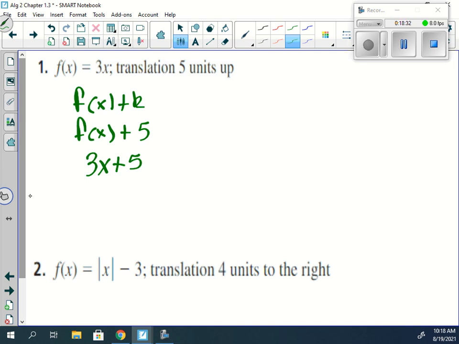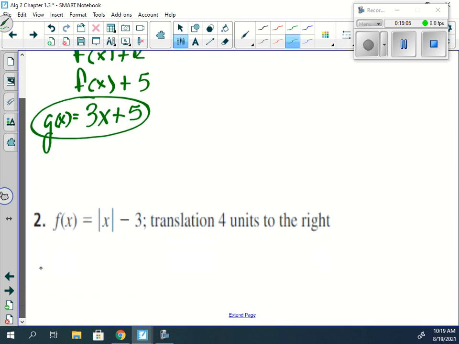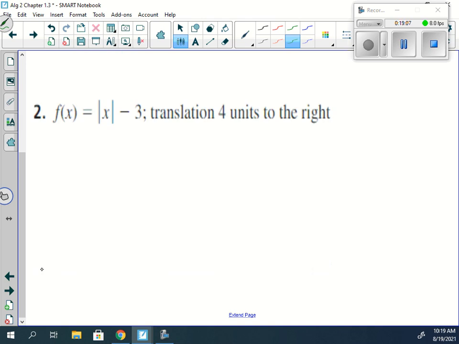Can I combine those? Because this is 3 x's, this is just 5. We can call it g of x. That's it. Because this one didn't have anything being added or subtracted to x, so there was nothing for it to combine to, we just call it 3x plus 5. You're good.